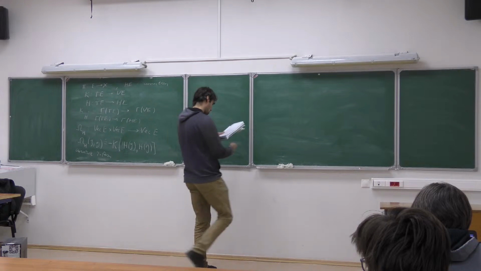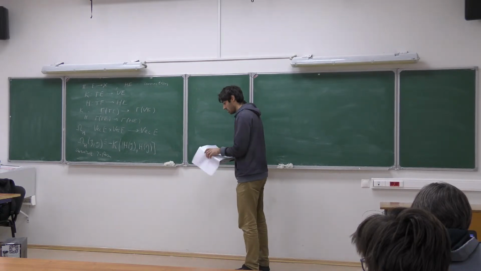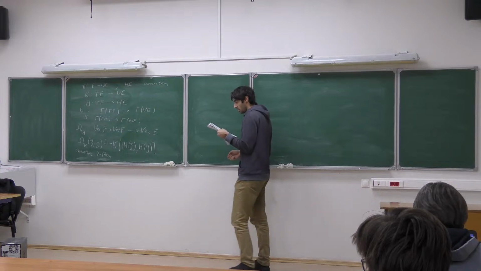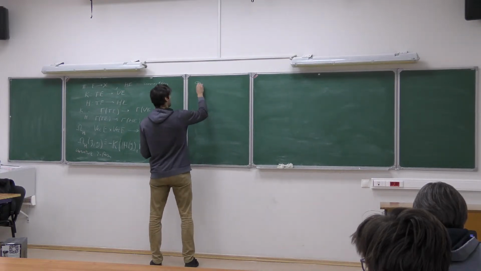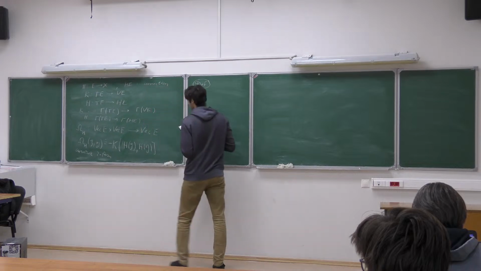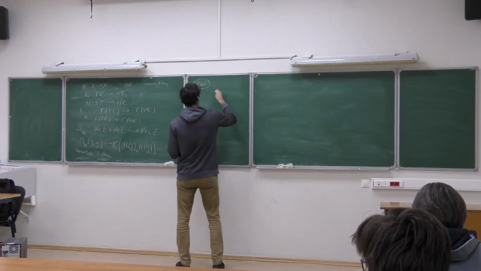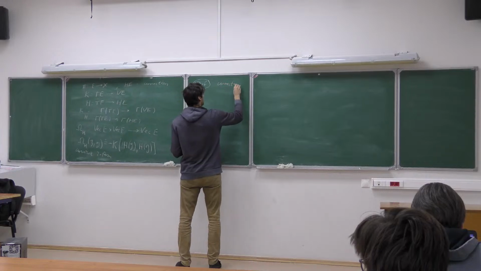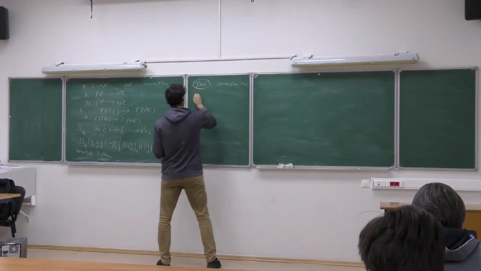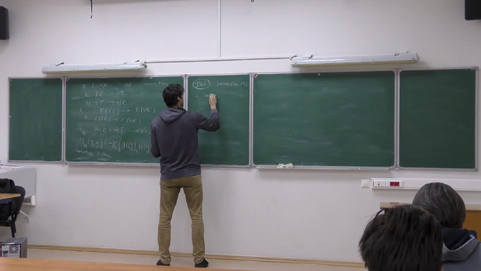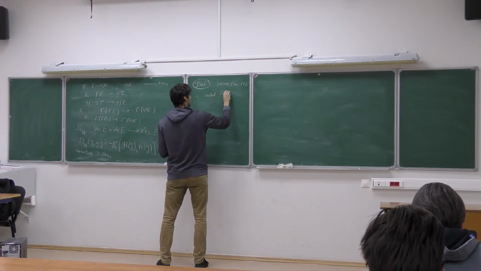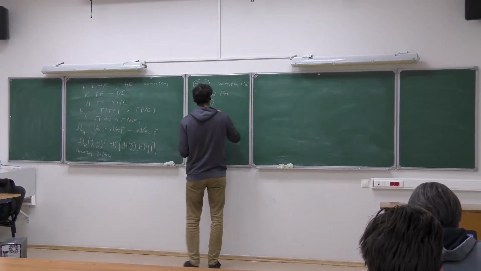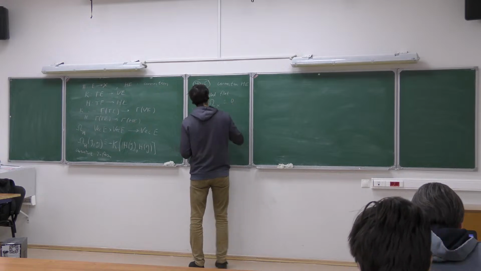Okay, so now we need a definition, just terminology rather: the connection HE is called flat if it has no curvature. So this two-form is 0.